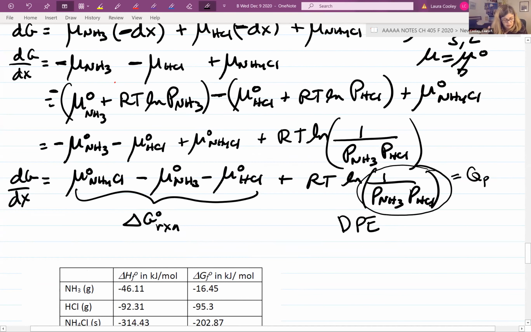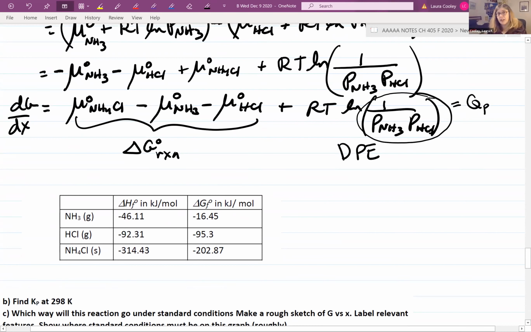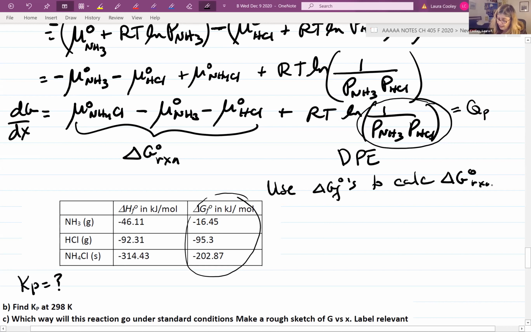All right, so now the question is, find the equilibrium constant, find Kp. Well, we're not given the Kp, but we're given delta G F0. So we're going to use the delta G F0s to calculate the delta G0 for the reaction.